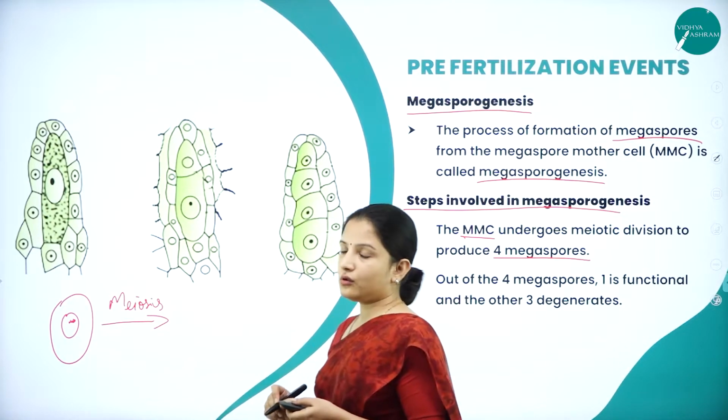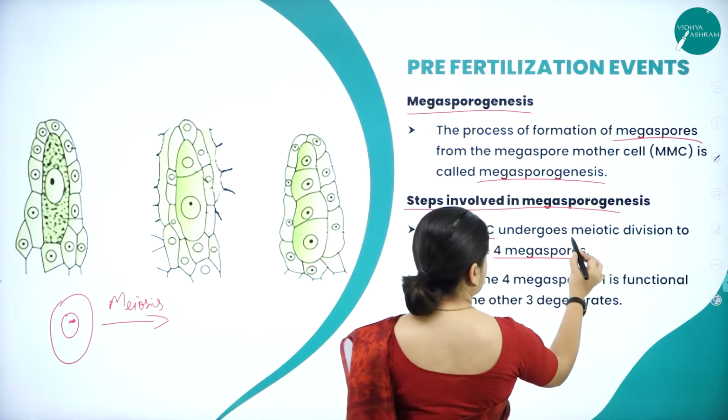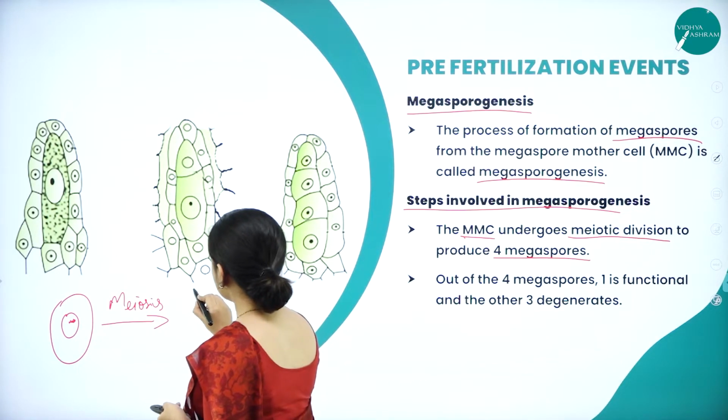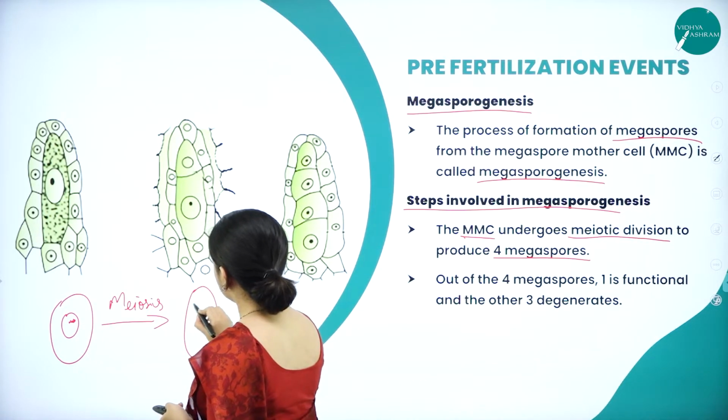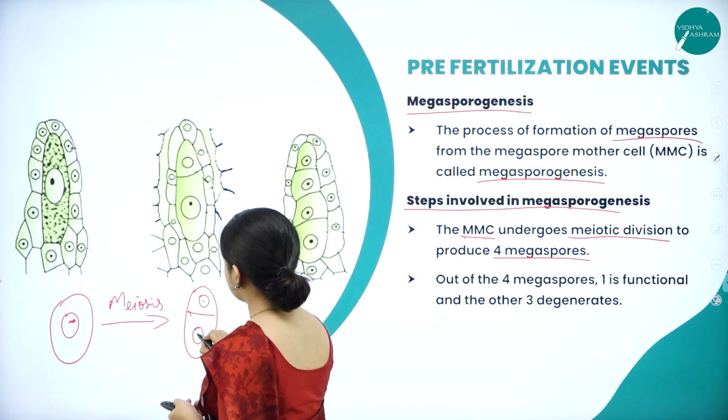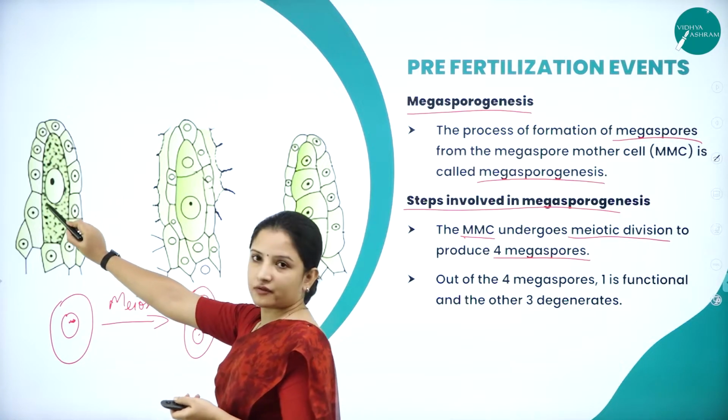So this will undergo meiosis, that is meiotic division will take place. It will undergo meiosis to produce two cells. The same thing you can observe here.